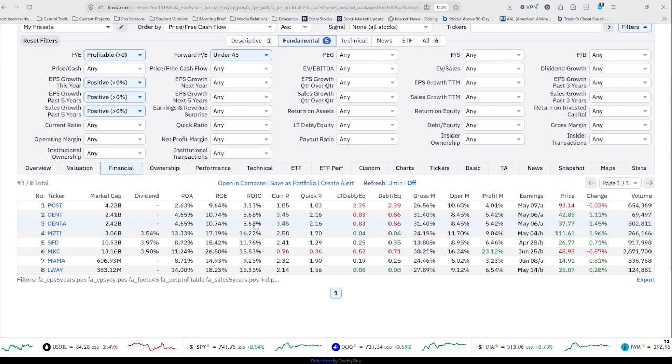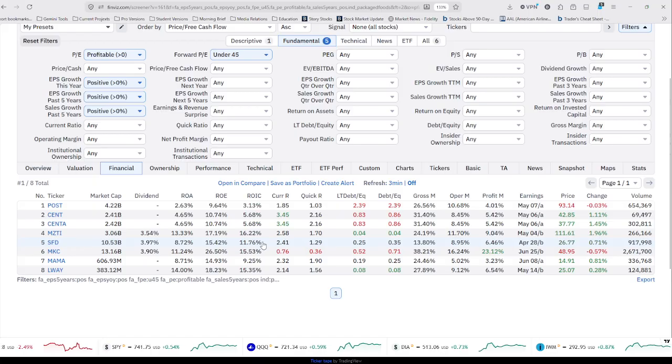Now you can see the return on invested capital for this particular company is the highest. I'm sorry, no, it is the fourth highest right here. It's the fourth highest of this particular group. See? 1, 2, 3, 4. Yes. So they're like middle of the pack for return on invested capital, and they're like middle of the pack for valuations.